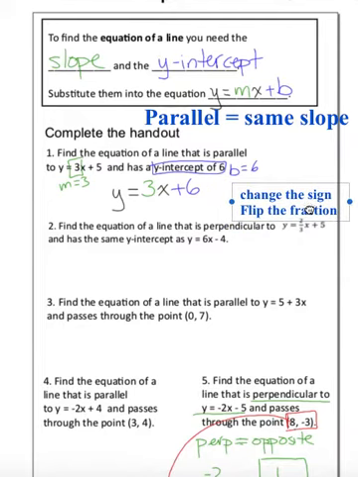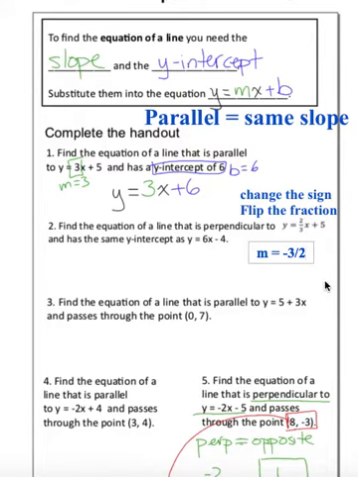So that's perpendicular. This is for slope, so we're going to take a look at 2/3, which is a positive. So our m is now a negative, and then we're going to flip the fraction. So it's 2/3, and we're going to now do 3/2.